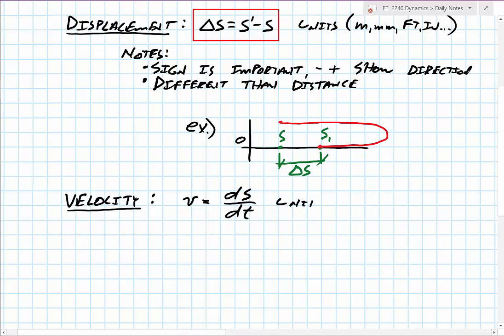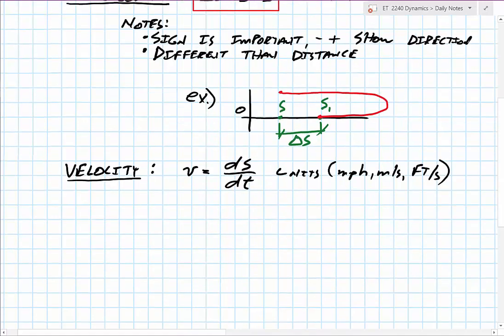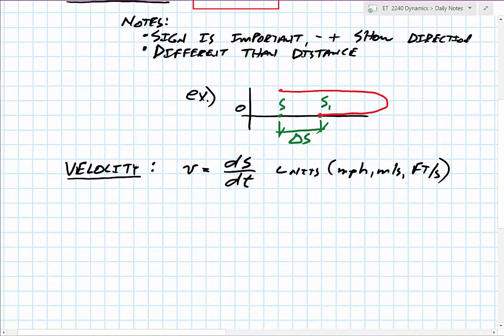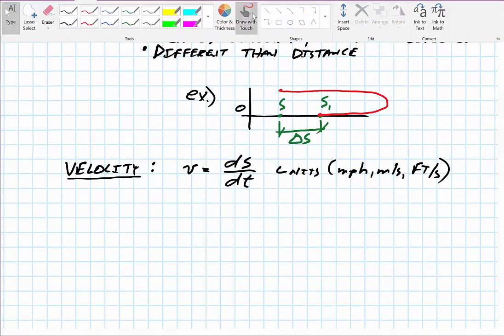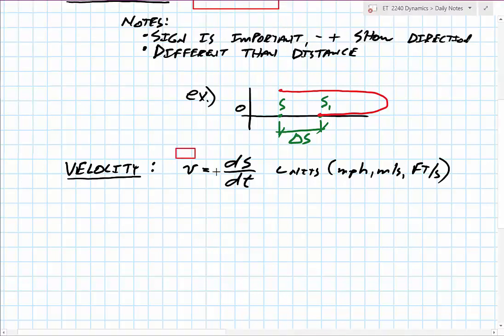And so we can see our units would just be distance over time. So now we're talking about miles per hour, or meters per second, or feet per second, you get the idea. I'll put a little box around it so we have a second official equation here.